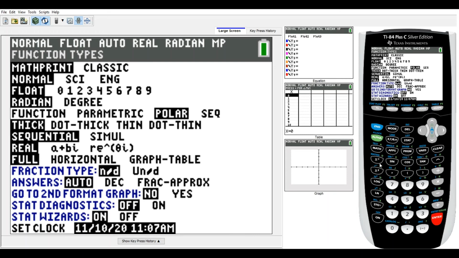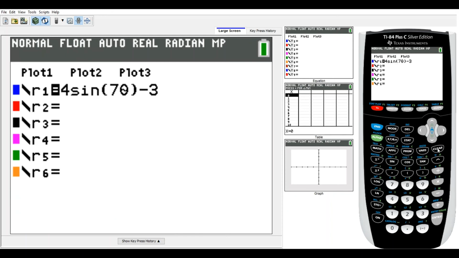Next, let's go into our y equals, which is now really going to be an r equals menu. And let's wipe out this equation that we typed in here yesterday. And now we have 1 minus sine of theta, right? And remember, when you hit the X button when you're in polar mode, it's going to give you that theta.